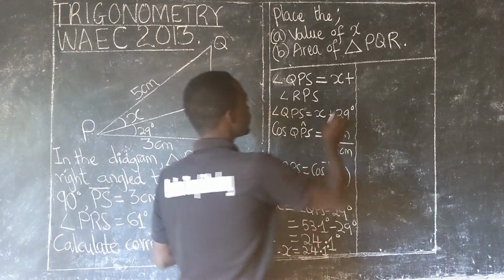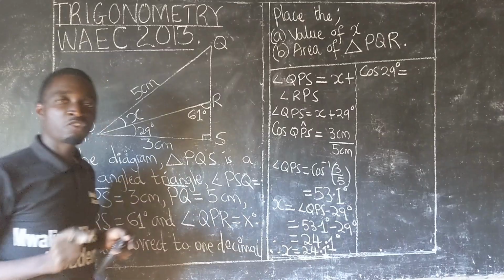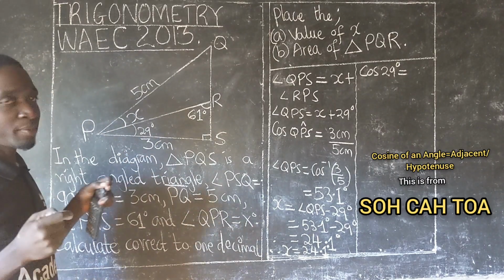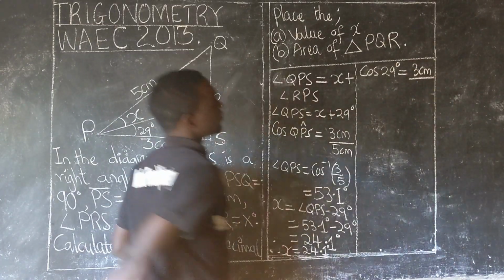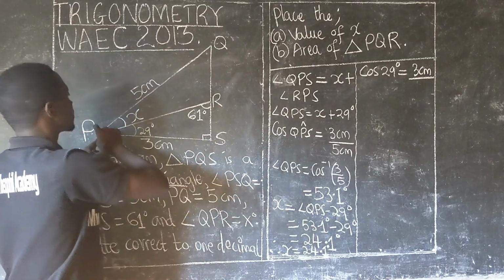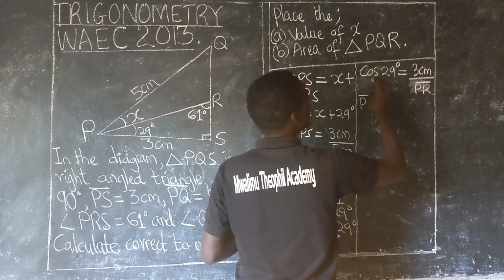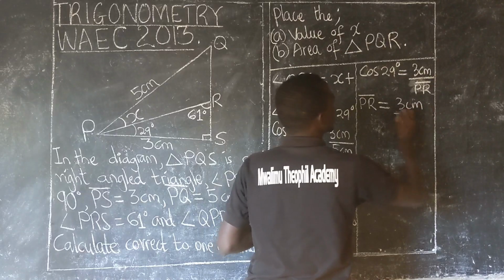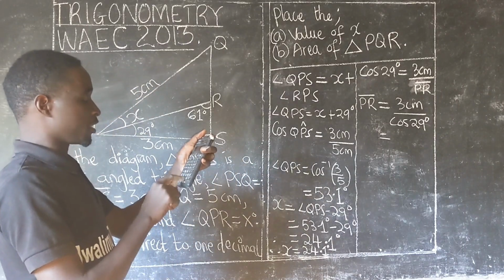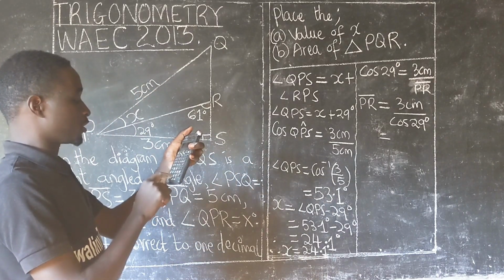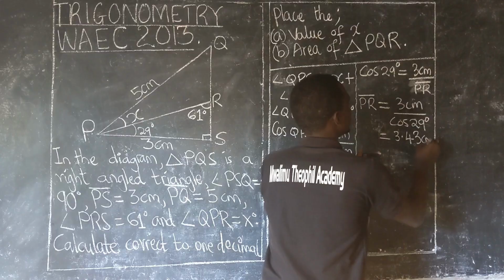Cosine of 29 is equal to adjacent, 3 centimeters, divided by the hypotenuse, which is PR. So PR is equal to 3 centimeters divided by cosine of 29. You get PR equal to 3.43 centimeters.